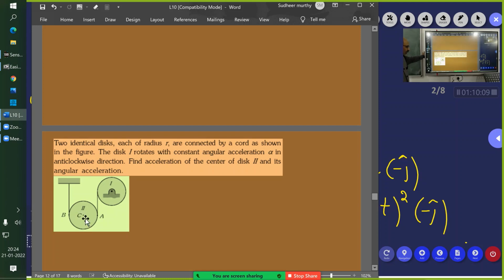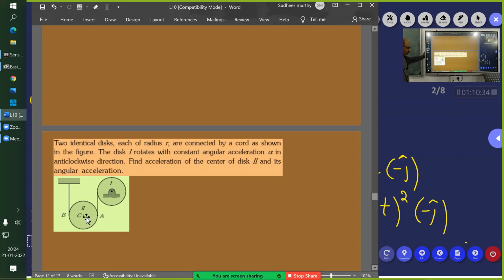This torque is what is going to give this rotation. Because of the weight of this second disc, it will give torque, and therefore this disc will rotate.